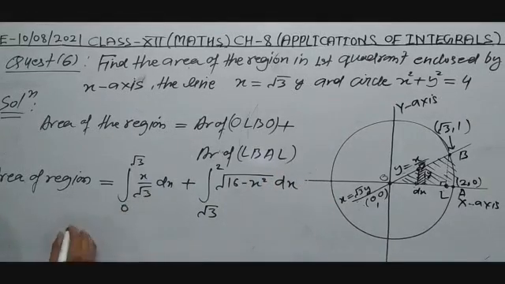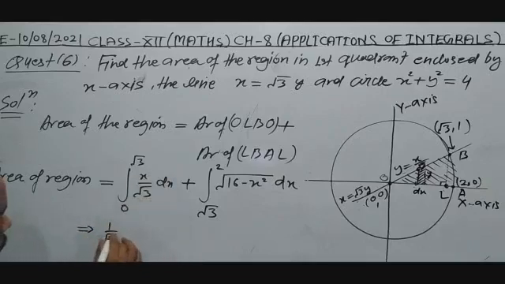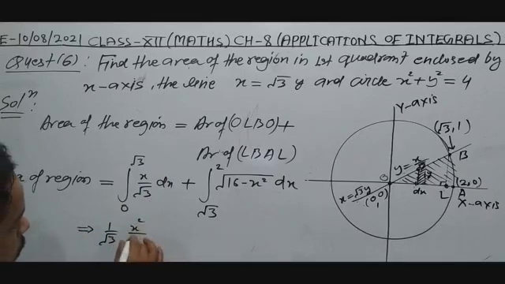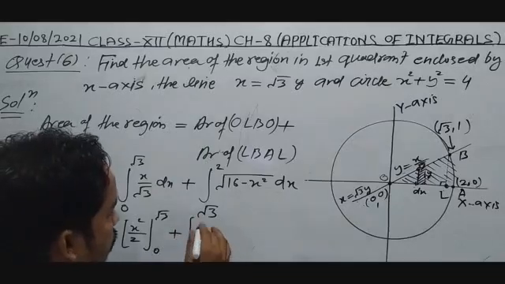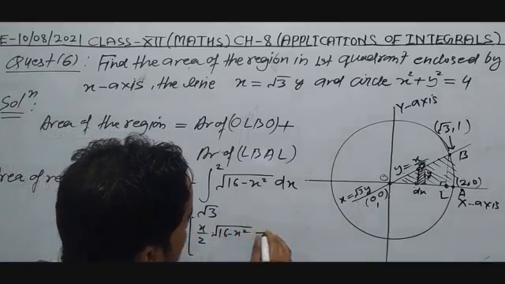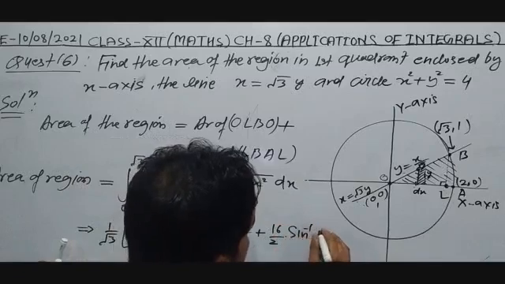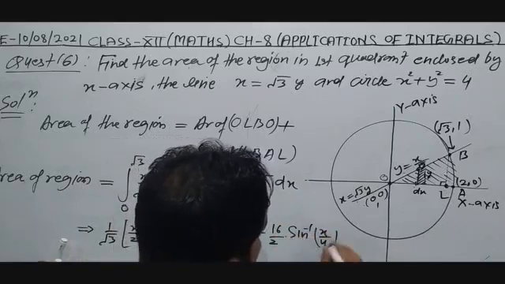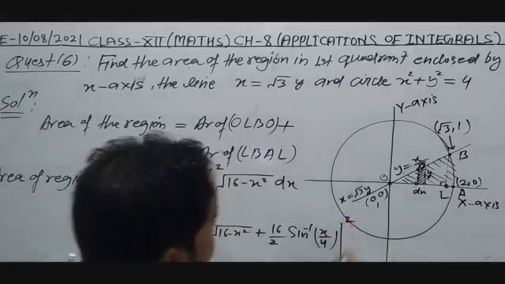This part you know, its integration result will be x square by 2. So 1 by root 3 is outside the integral, or x square by 2, root 3 0, upper and lower limit, and its value you know, this is x by 2 root over 16 minus x square plus a square by 2 means 16 by 2, sin inverse x by a means x by 4, and lower limit is root 3, upper limit is 2.